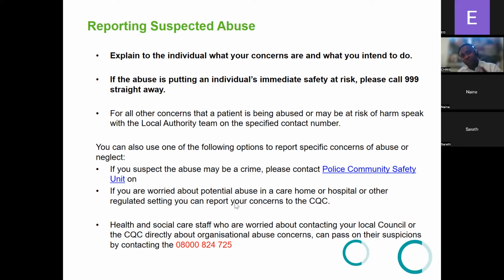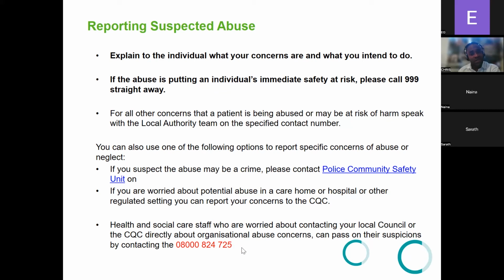But that is after you have followed the procedures laid out in the policy and you think they have not been actioned, because maybe the one who is supposed to action them knows about the abuse and doesn't want the perpetrator to be brought to account. So then you go straight to CQC, the Care Quality Commission, and let your concerns be made known. Tell them, yes, you've done this, however you think it's still persisting and this person is at risk. That's why I'm bringing it to your notice. They can keep it anonymous without declaring your name.